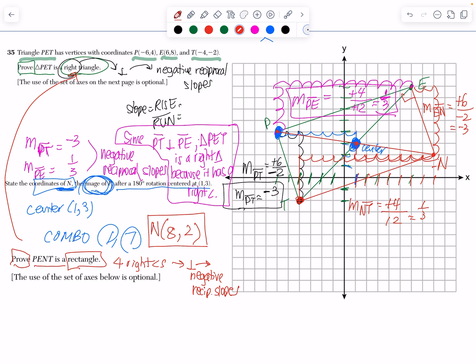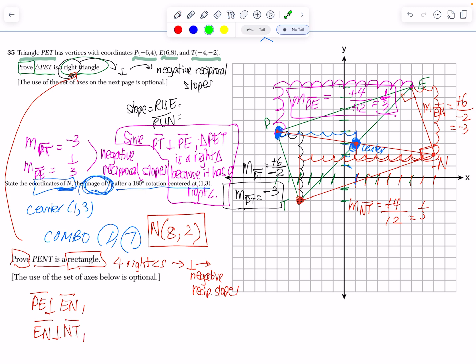And let's write the statement so far. Line segment PE is perpendicular to line segment EN. Next, line segment EN has slope -3, and here it's 1/3. Once again, negative reciprocal slopes. So line segment EN is perpendicular to line segment NT.